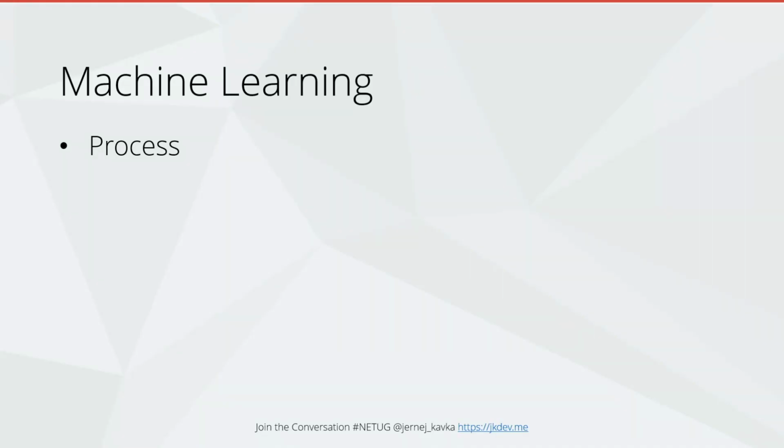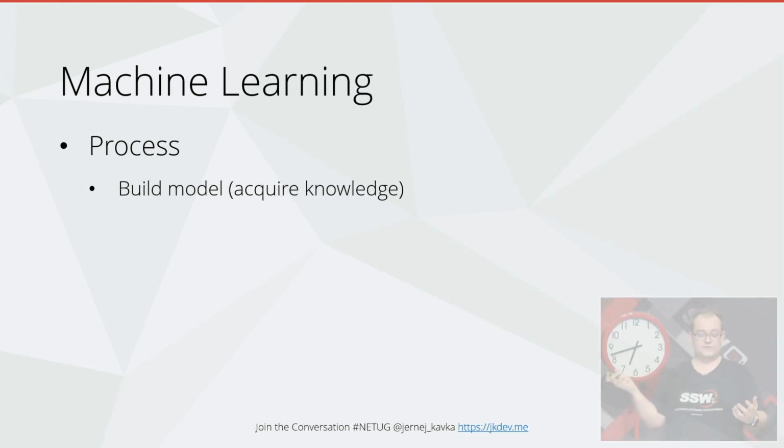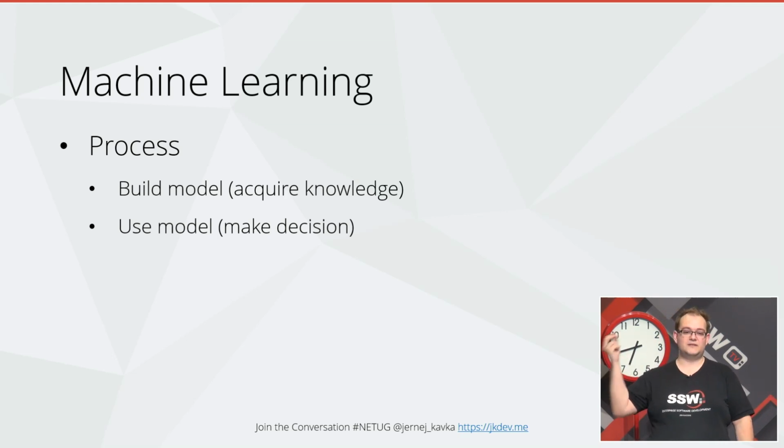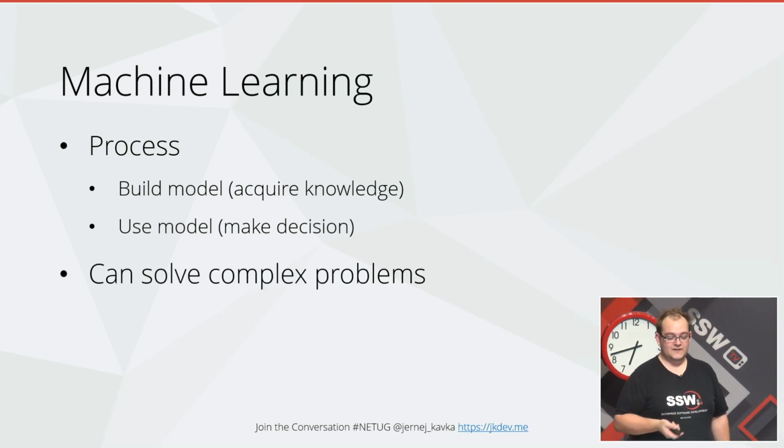So, okay, what is machine learning? Well, machine learning is a process where we build a model. You can imagine building a model like acquiring knowledge that we can later use. And the second step is to actually use that model, which is like making decisions based on the knowledge we gained.